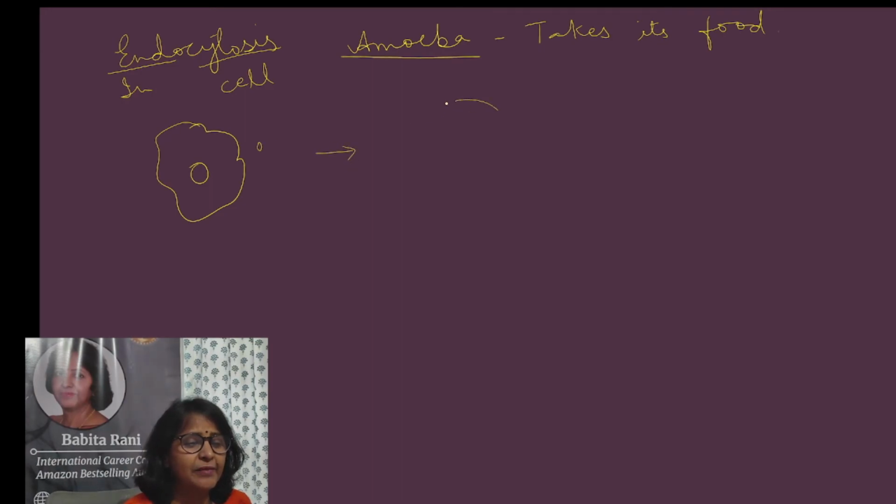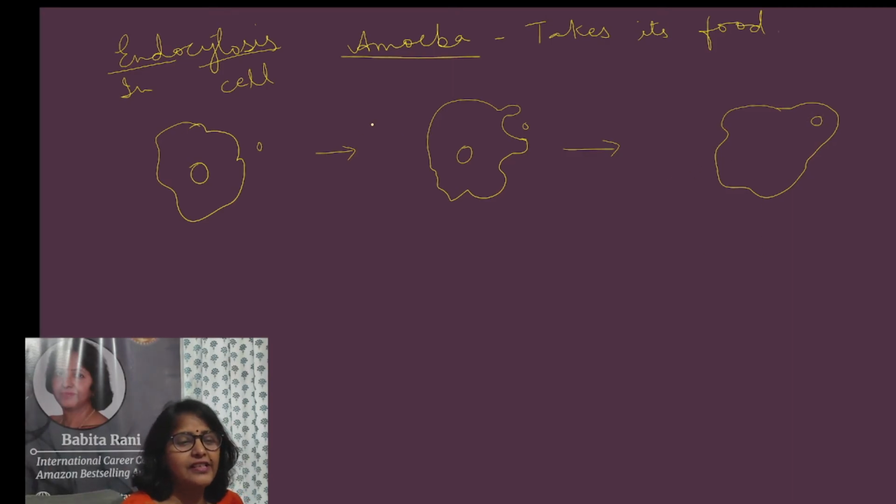Because it is flexible, it will start extending its pseudopodia from both the sides so that food gets more inside it. This extension continues and the food gets inside it. So this is how amoeba is taking its food.